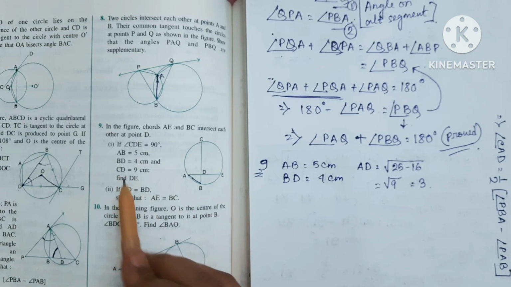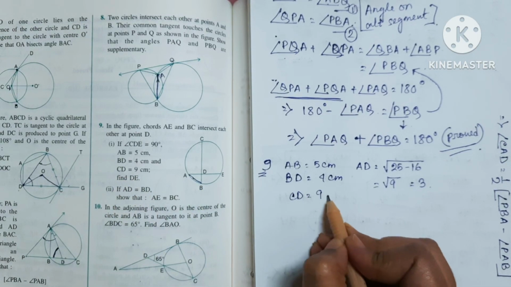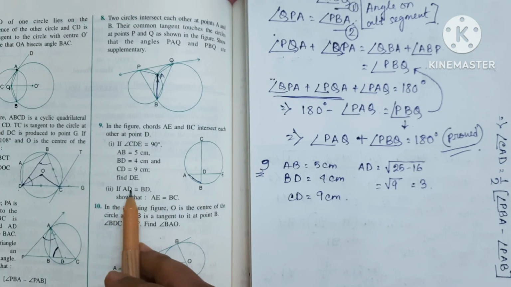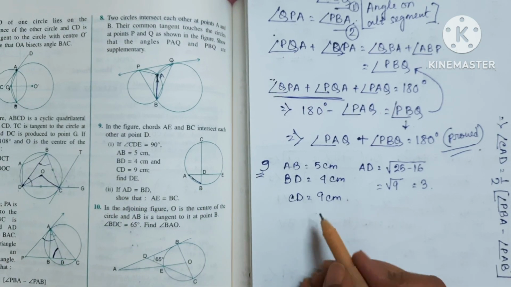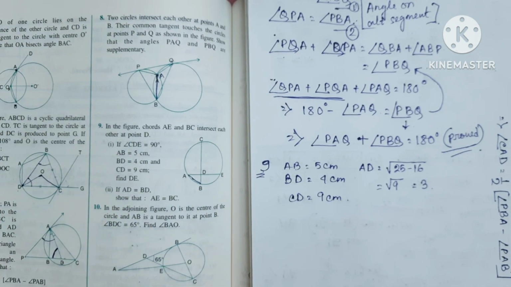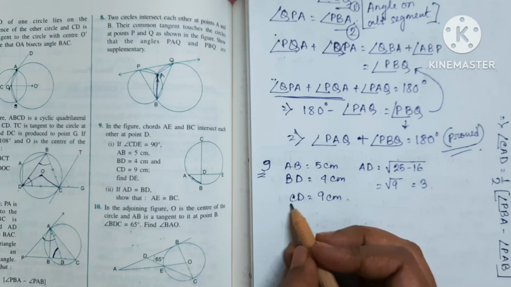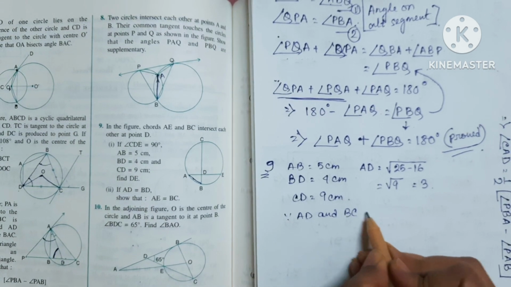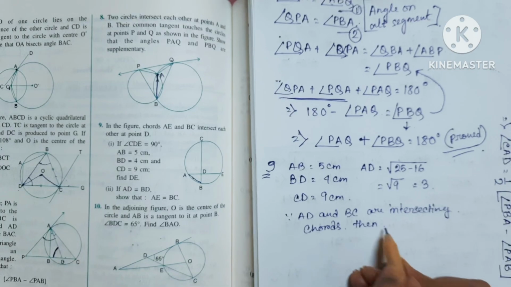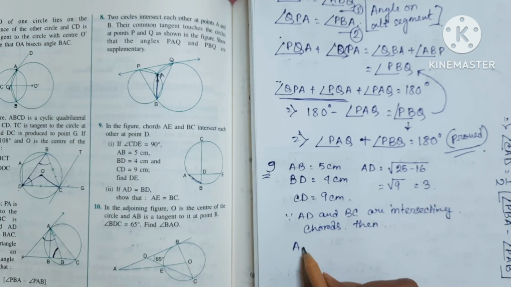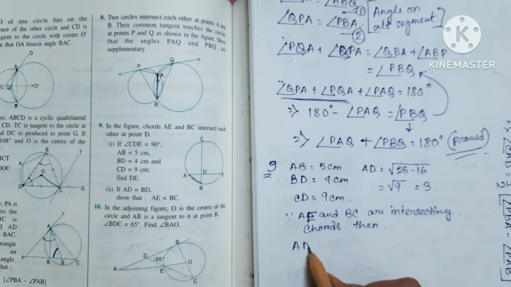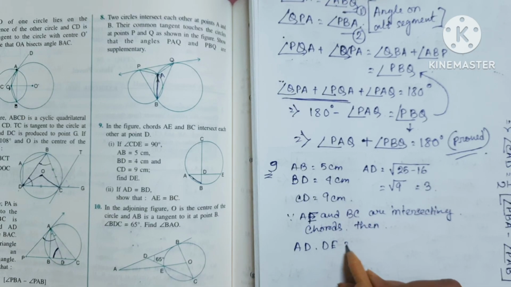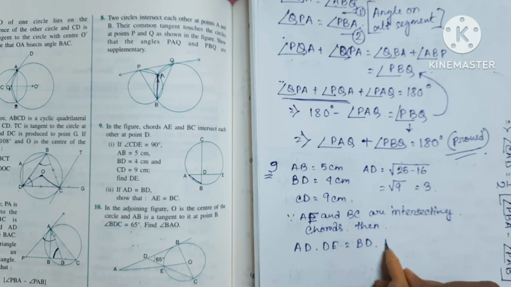Now CD is given to you. CD is 9 centimeters, and you have to find DE. Since these two are intersecting chords, AD into DE is equal to BD into DC.